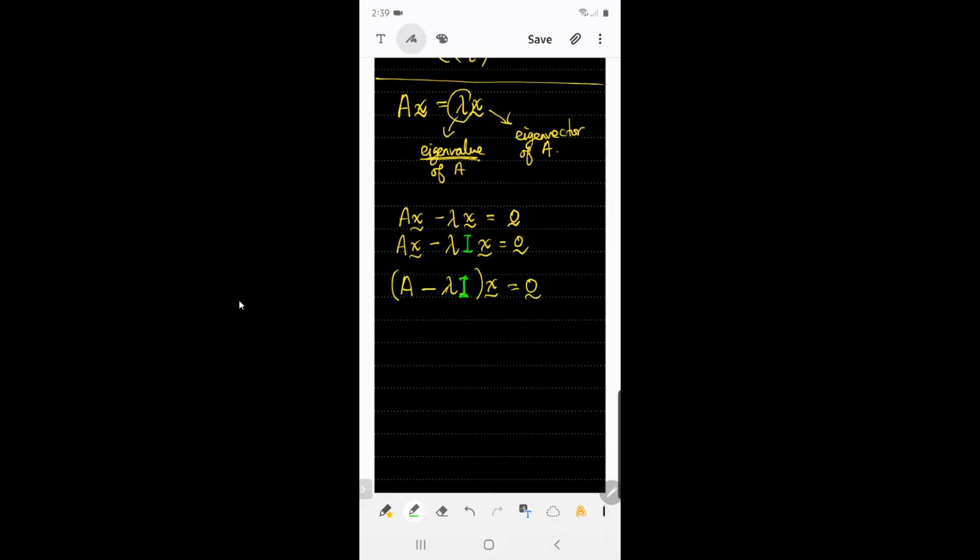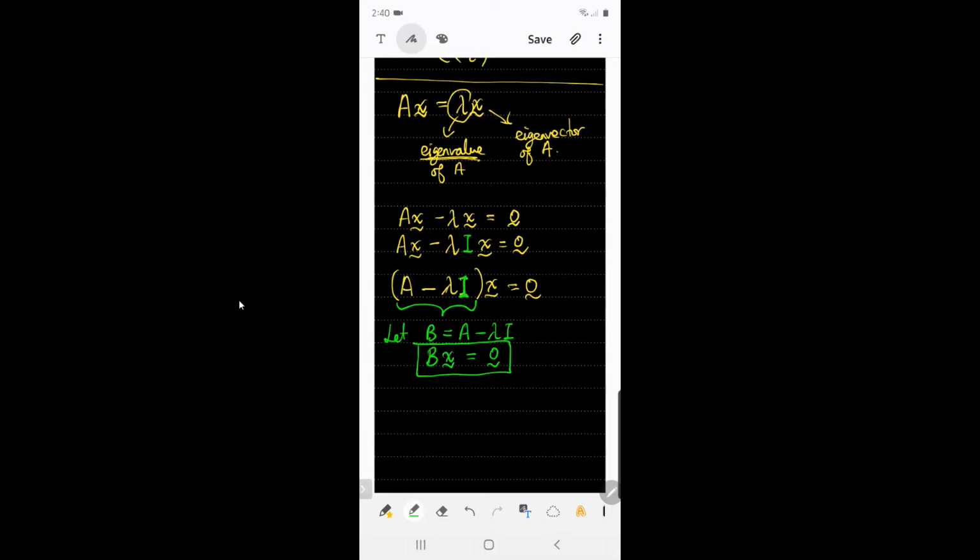Now, let's say I call this B. So I let B equal A minus lambda I, the matrix A minus lambda times the identity matrix. I is the identity matrix. So I now have to solve B times x equals the 0 vector.